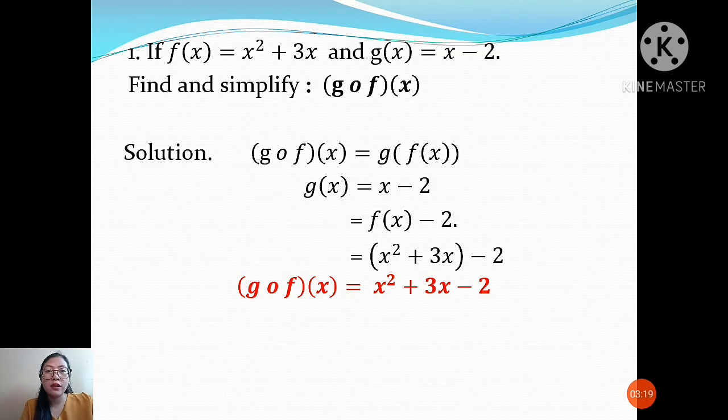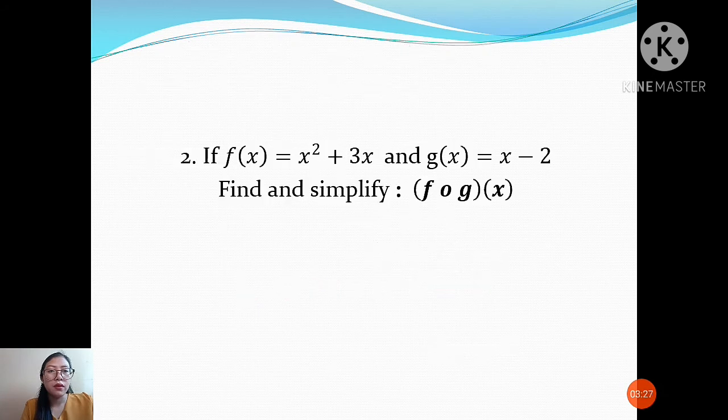Okay, so let us proceed to exercise number 2. For your exercise number 2, answer this. You have 60 seconds or 1 minute. Starts now. If f of x is equal to x squared plus 3x and g of x is equal to x minus 2, find and simplify f composed with g of x.